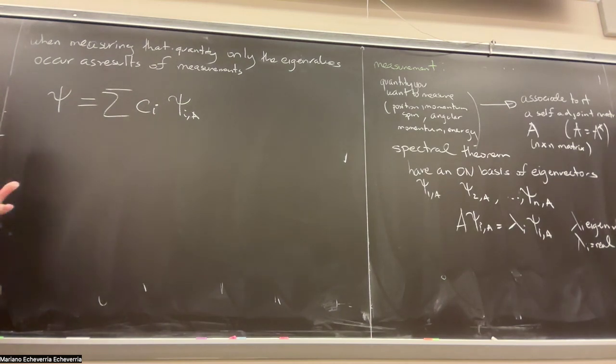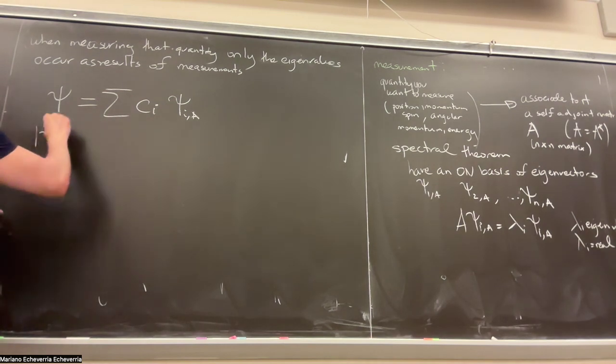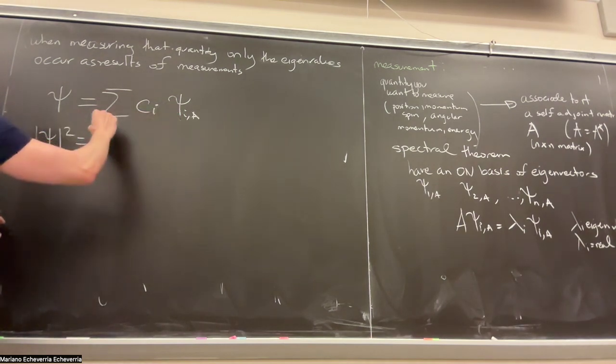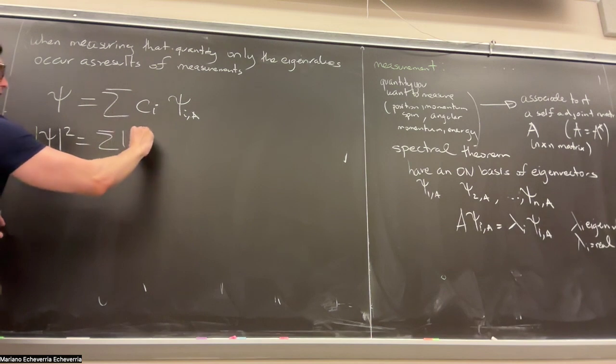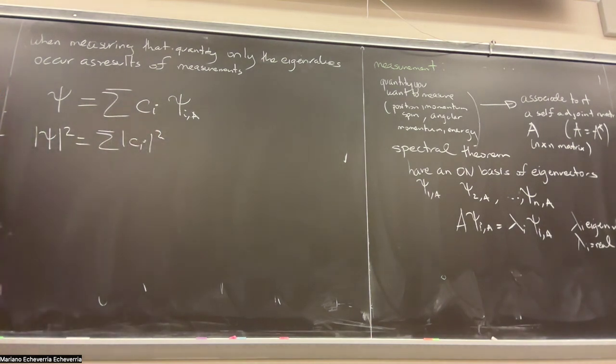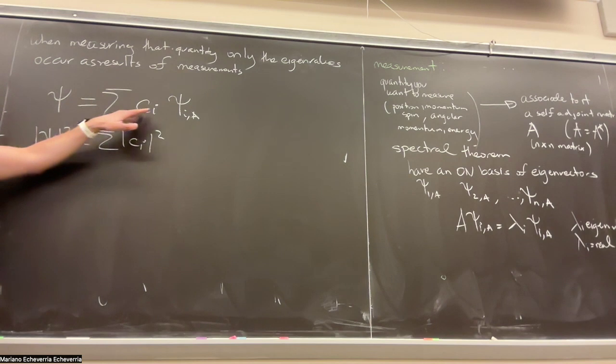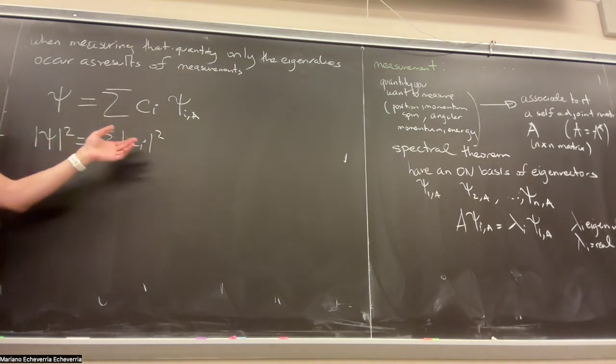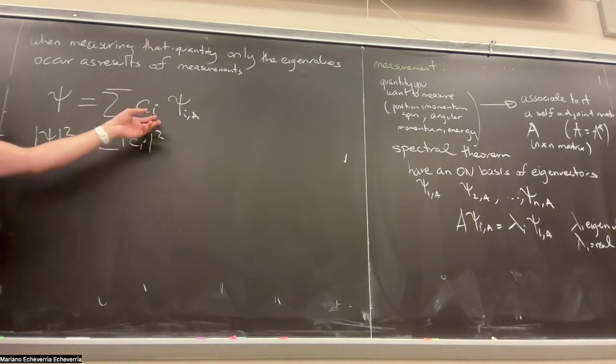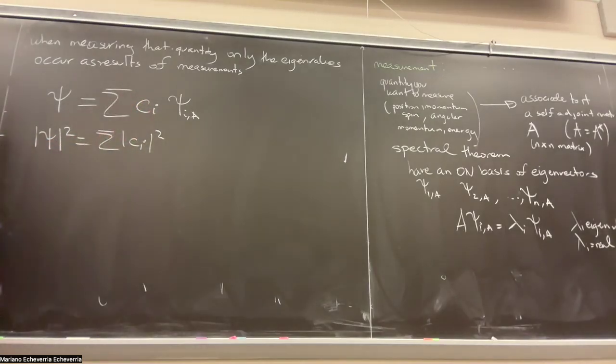it's kind of like the Pythagoras theorem, basically: the norm squared of this vector, if these are orthonormal, is just this. Pythagoras theorem is just the squares, but here you have to use the modulus because these are complex numbers, so they could have imaginary and real parts.